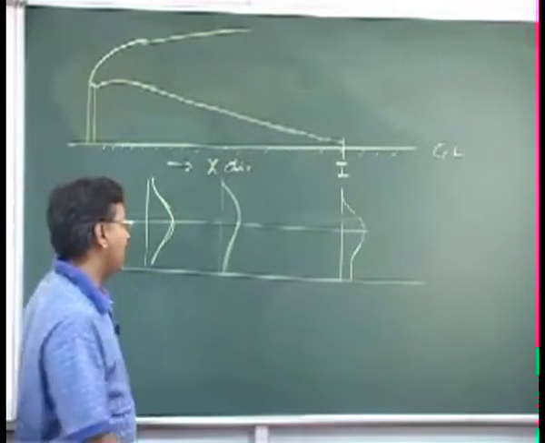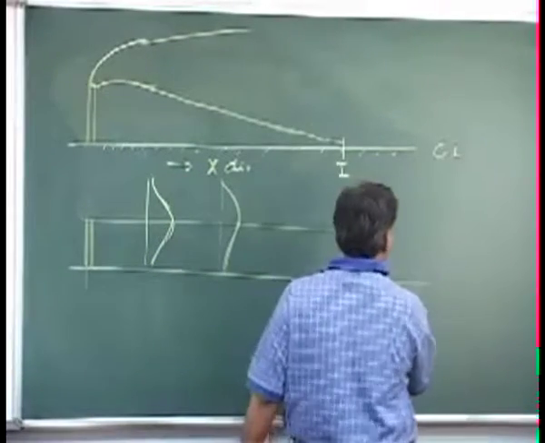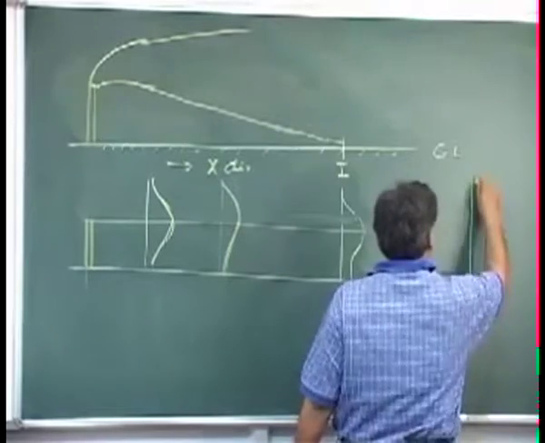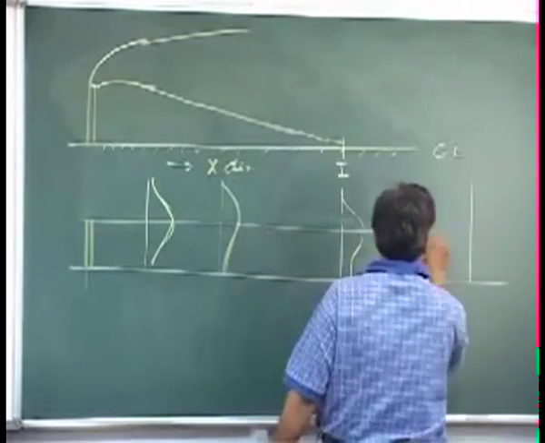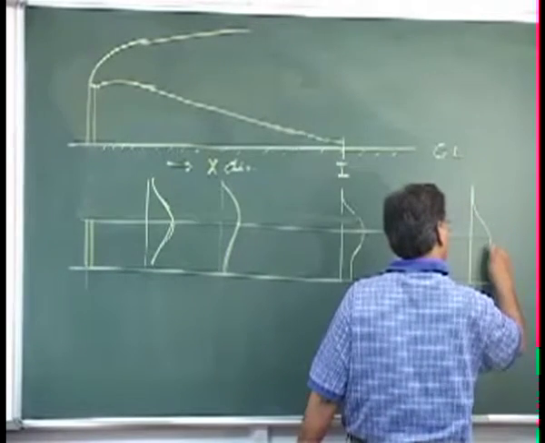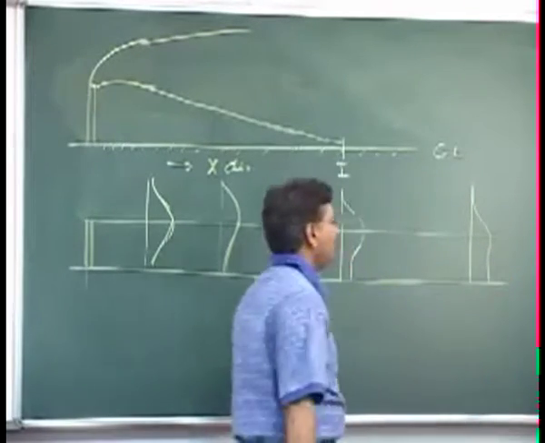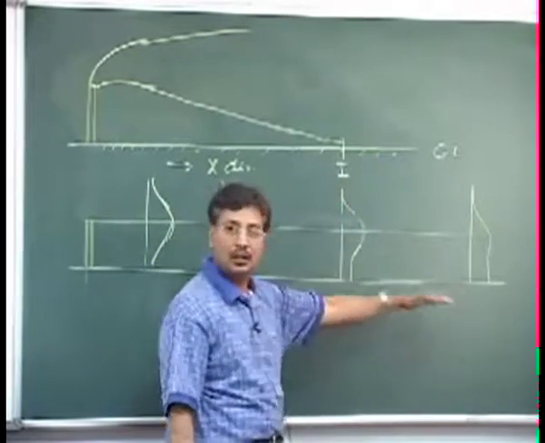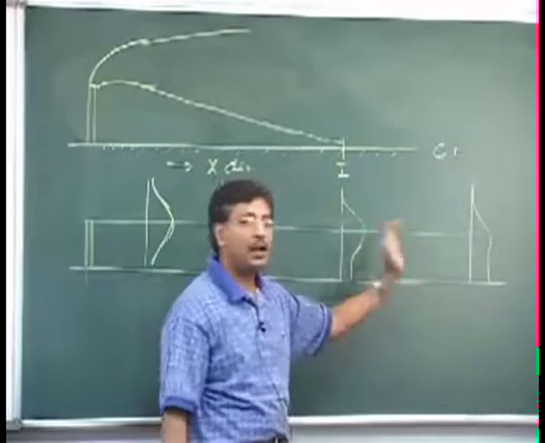And suppose I again see it after some time, a little very far away, you may find this is my central line, that it should be like this. It may become more flattened, because again things might be added up.